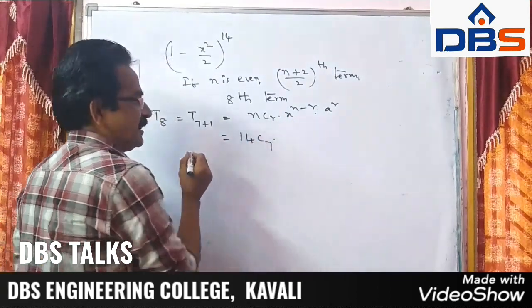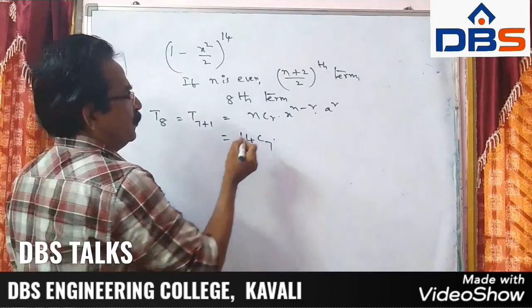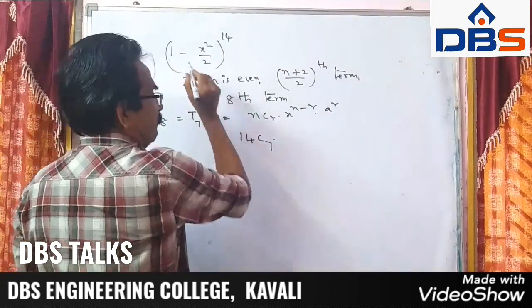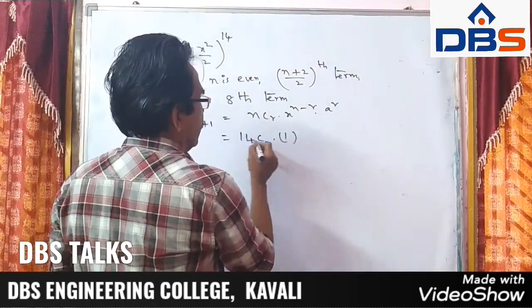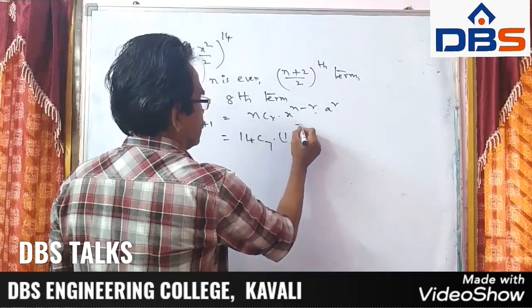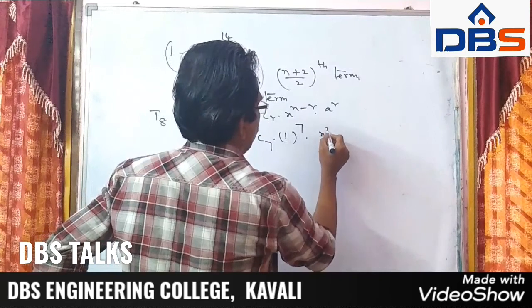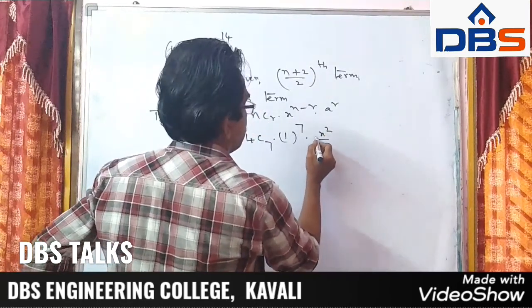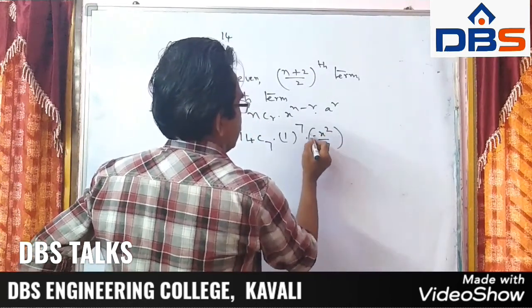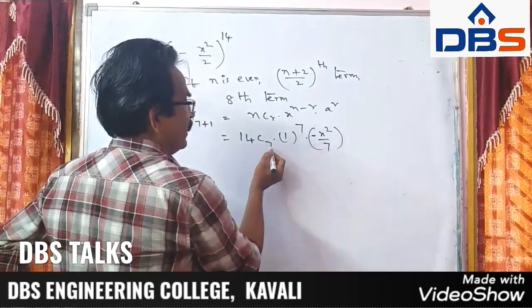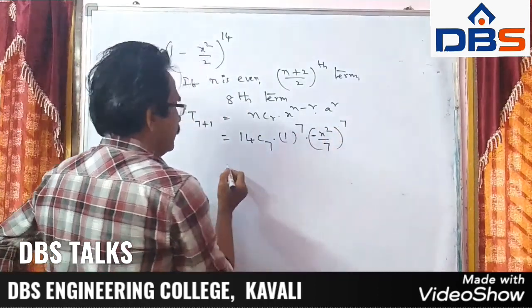nCr into x power n minus r into a power r, that is equal to 14C7 into x power n minus r, 14 minus 7, 7, into a power r, that is minus x square by 7 whole power 7?